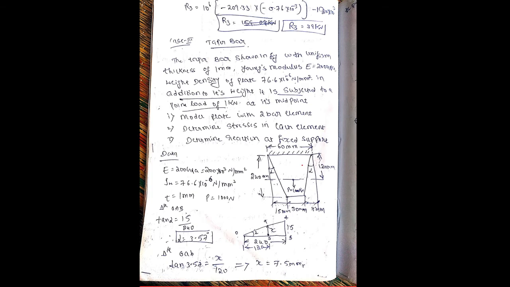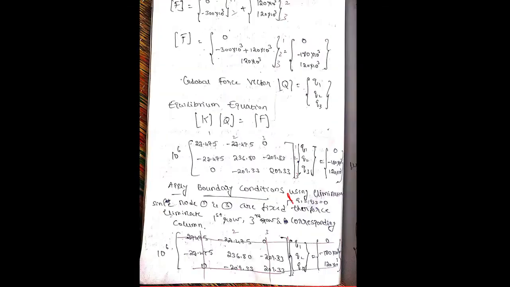Point load also is there in the first problem. See, the main difference is, in this problem they have just given the top width and bottom width, but they have not given this gap. Got it? This gap they have not given.